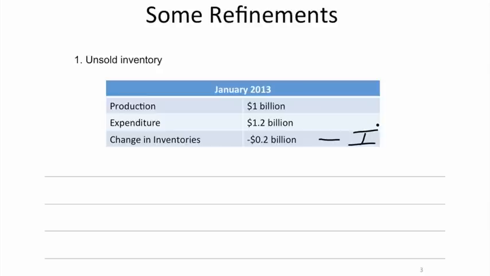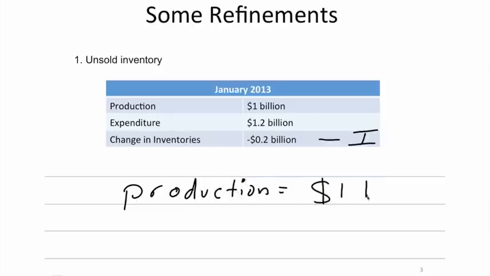So what we have in this month, once again, there's a flow of production equal to 1 billion.